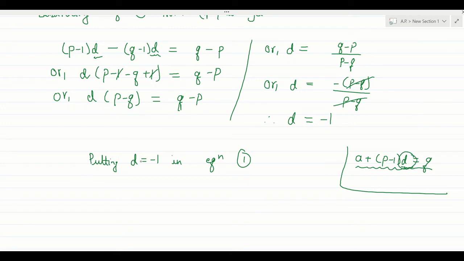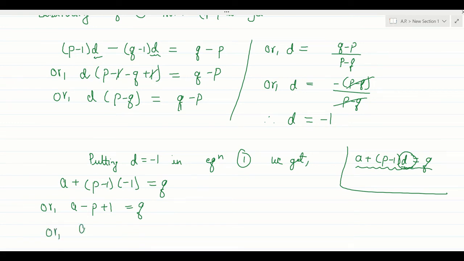Putting D equal to minus 1 in equation 1, we get A plus P minus 1 and instead of D, we are keeping minus 1 equal to Q, or it is A minus P plus 1 equal to Q, or it is A equal to Q plus P minus 1.